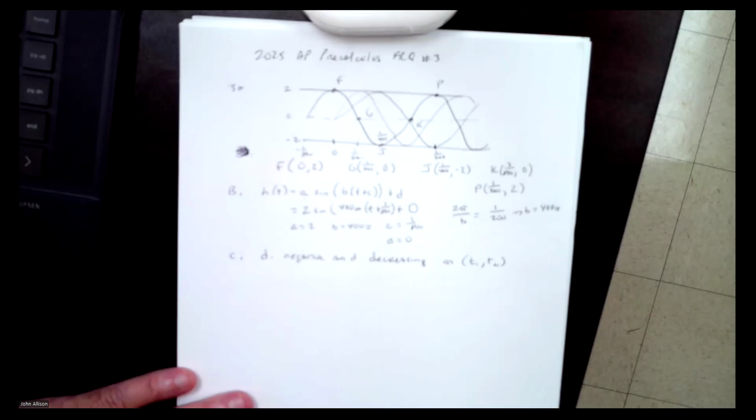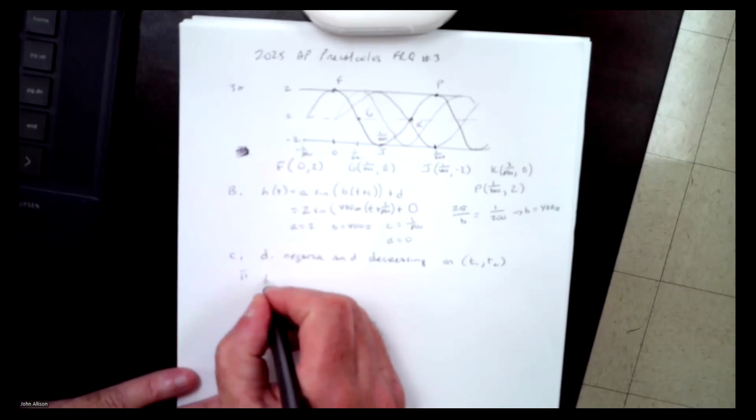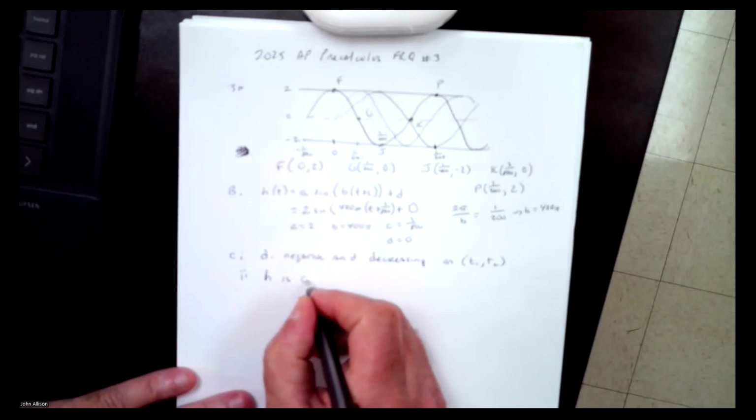On the interval T1, T2, describe the concavity of the graph of H and determine whether the rate of change of H is increasing or decreasing. So C2, H is concave up on T1, T2.